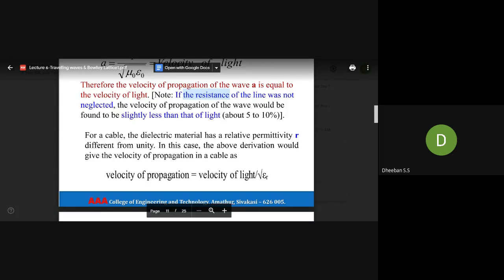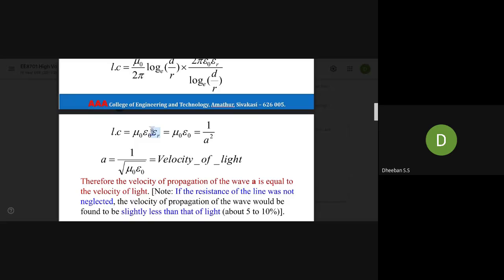Next what they're saying is for a cable. They're considering a cable. The dielectric material has a permittivity of epsilon r. So if we are taking a cable, this epsilon r will have a value, and this value changes.